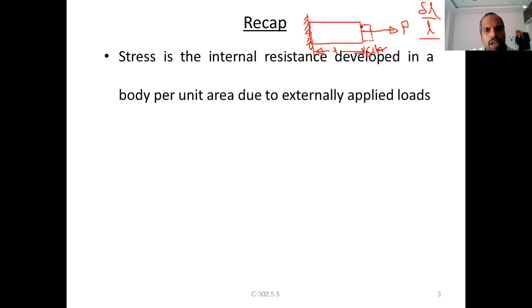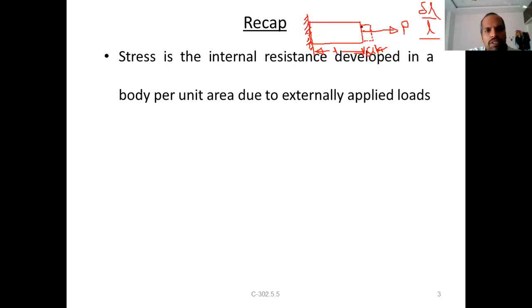Against this deformation, some internal resistance is developed by virtue of the material property. That internal resistance is developed due to application of the load. To avoid the deformation, the body induces some resistance.